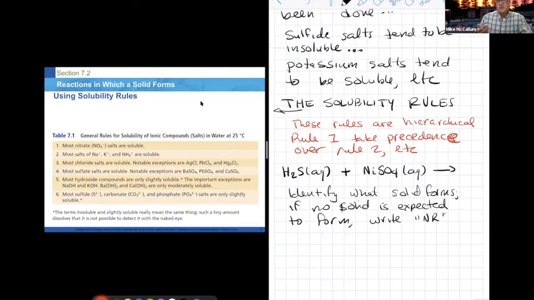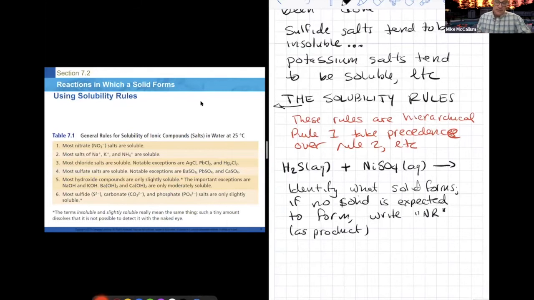What we usually do if no solid forms is write NR for no reaction as a product. All right, so the first step is we write down the exchange products. In other words, we're going to switch the partners and see what we get.